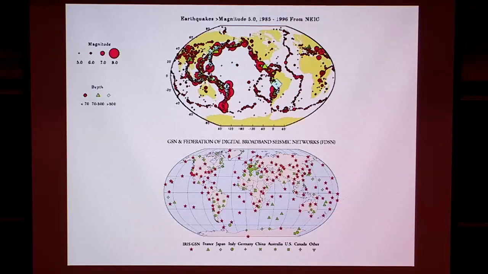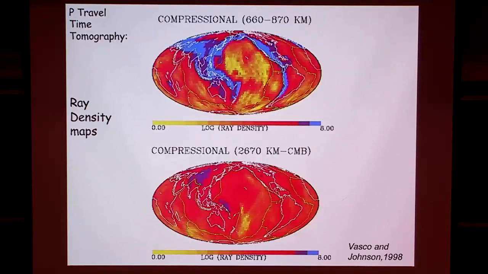This is an old slide, but it still makes the point. You can look at how you sample your volume, which is one of the very important things, so that you can separate different heterogeneities in different locations.